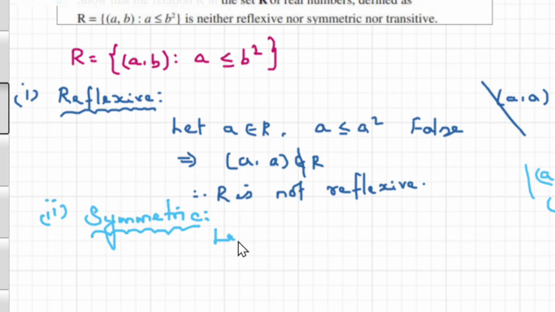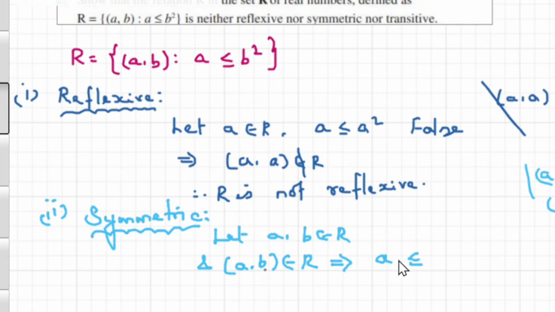Here, if (a, b) belongs to R, that implies a, the first entry, is less than or equal to the square of the second entry. It's true. But for the reverse, we can prove this by taking an example.